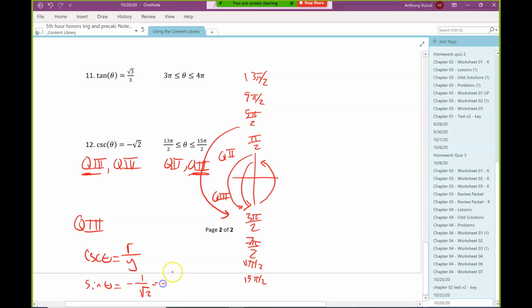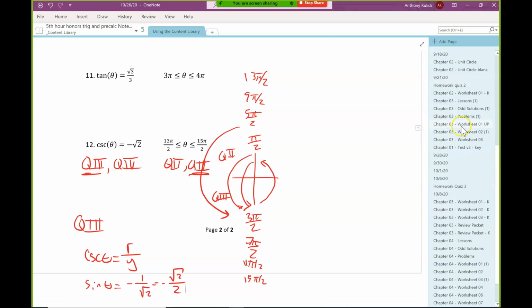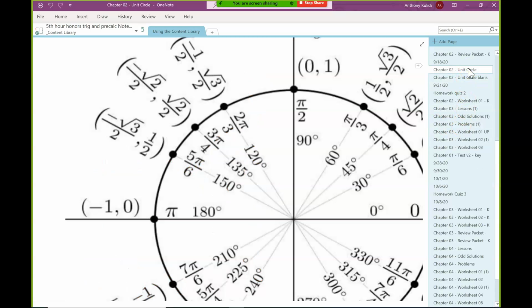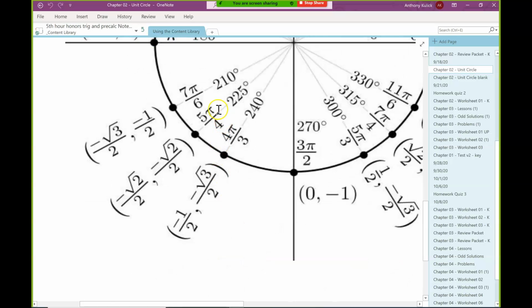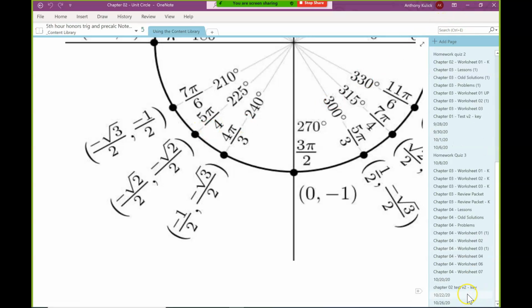But I know that's not going to be on my unit circle because we like to rationalize our denominators. So I'm looking for that value there. So if I go to my unit circle and I look in quadrant 3, I see that it happens at 5 pi over 4. So that's going to be my base answer.